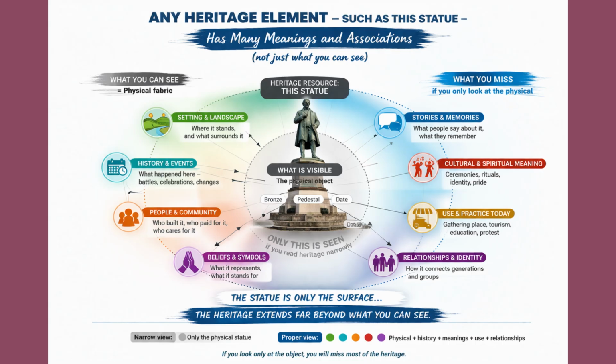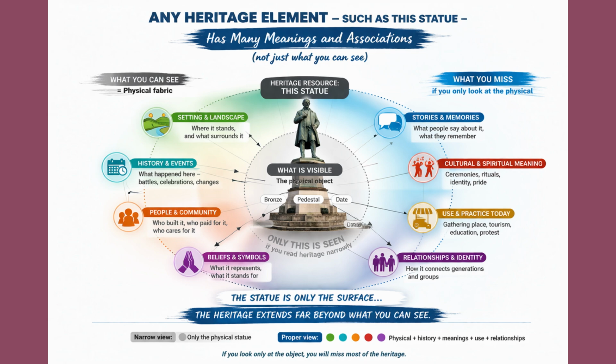So if you read heritage resource narrowly as physical fabric, you will only identify buildings, structures, artifacts, statues, as in the visual example I give, and other visible remains. But if you follow the Act properly through cultural significance in the definitions, you are required to recognize non-physical and relational forms of heritage, including the not easily identifiable intangible elements.